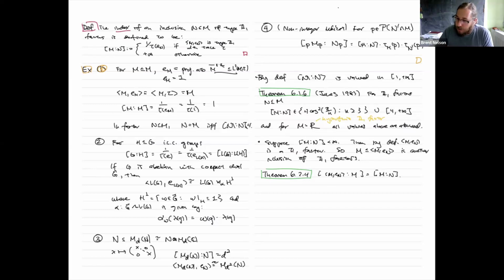But the basic construction is a strictly larger von Neumann algebra than M, provided this index is strictly bigger than 1. As long as this is strictly bigger than 1, M is a strict inclusion inside of the basic construction.